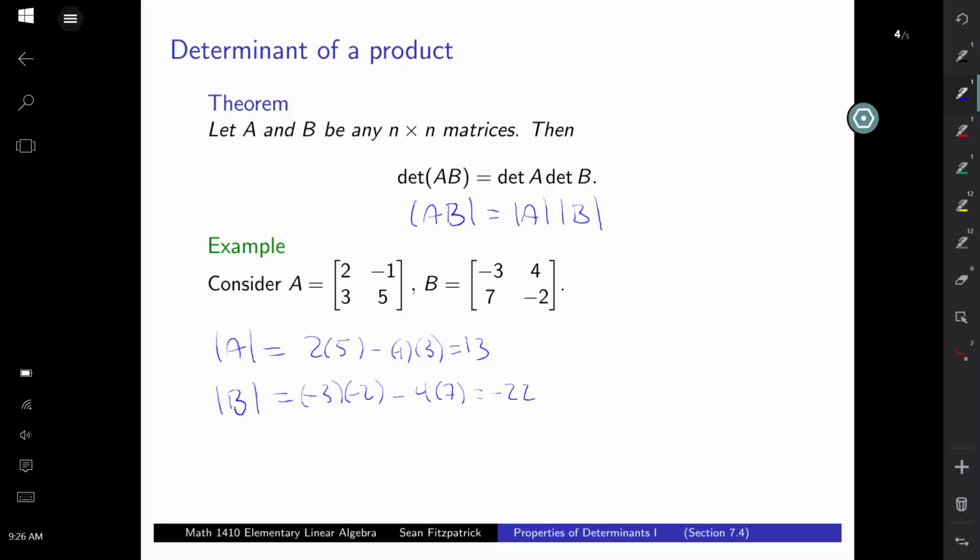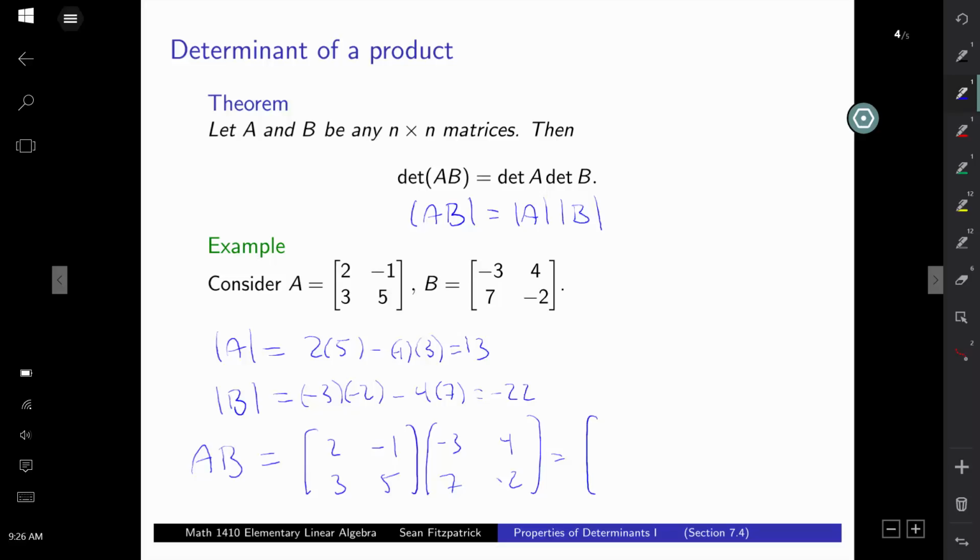Okay, there's going to be big numbers involved here. All right, so let's see. So let's first do the product, A times B, okay. A is 2, minus 1, 3, 5, and B is minus 3, 4, 7, minus 2. So we multiply those out. Minus 6 minus 7, I get minus 13.